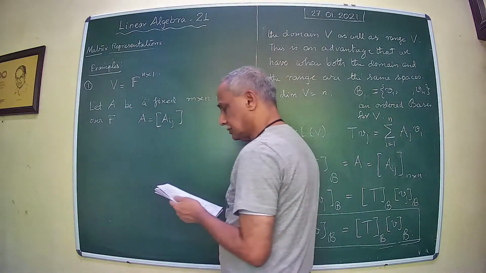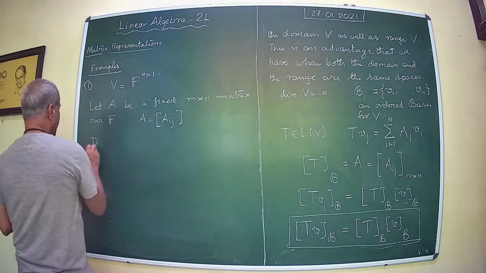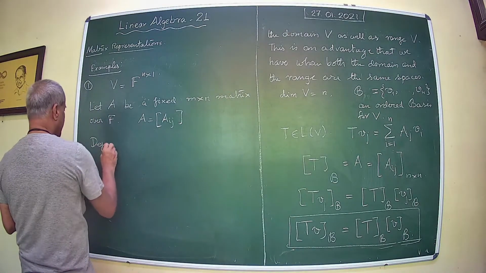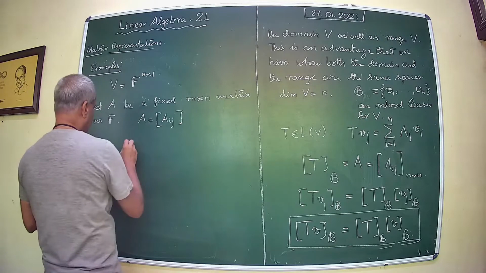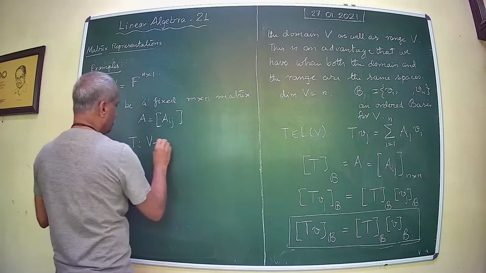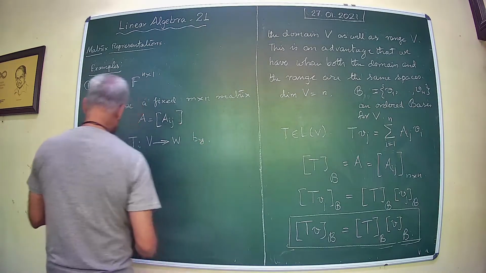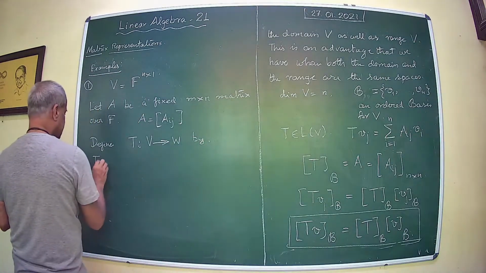This is the matrix. Now define T from V to W by T(x) equal to Ax.